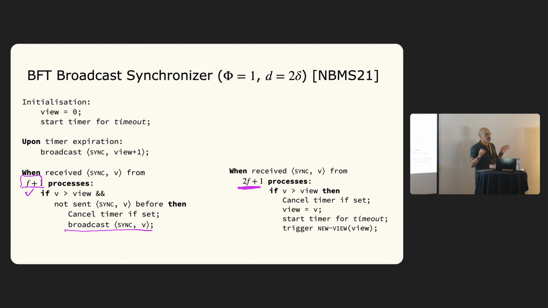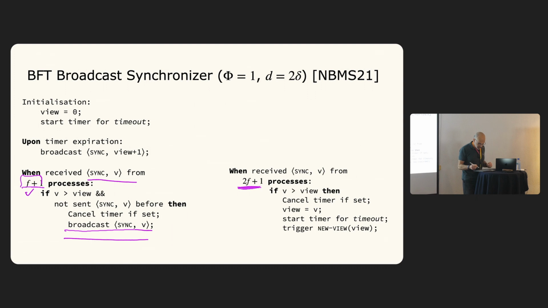So if I get 2f plus 1 copies, I can subtract f again and get f plus 1 copies. So f plus 1 must be from correct processes. If I have f plus 1 from correct processes, then these f plus 1 processes would eventually persuade everyone to rebroadcast this message, and then I will get to f plus 1. Okay, eventually everyone gets to f plus 1. So this is the technique to achieve it.